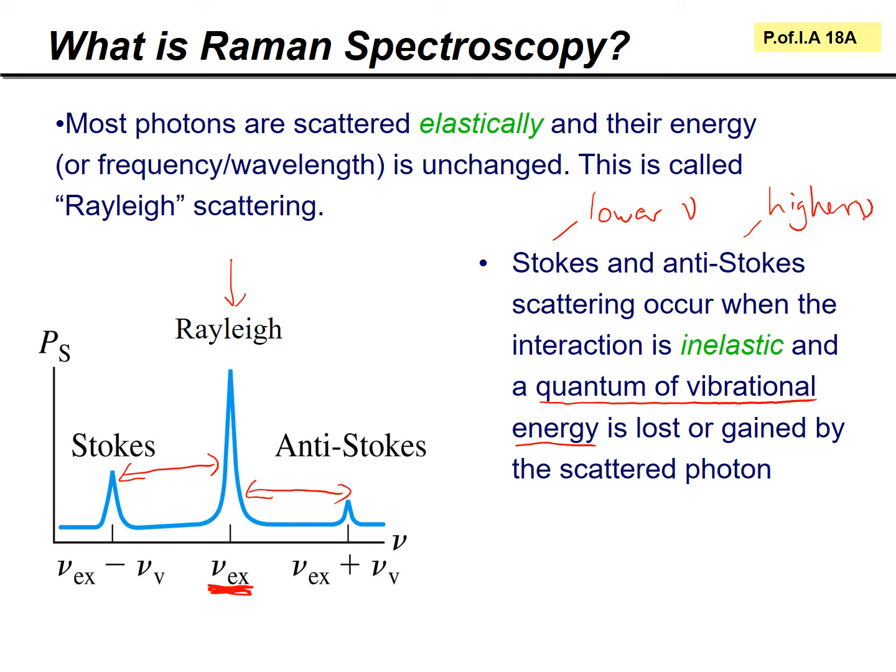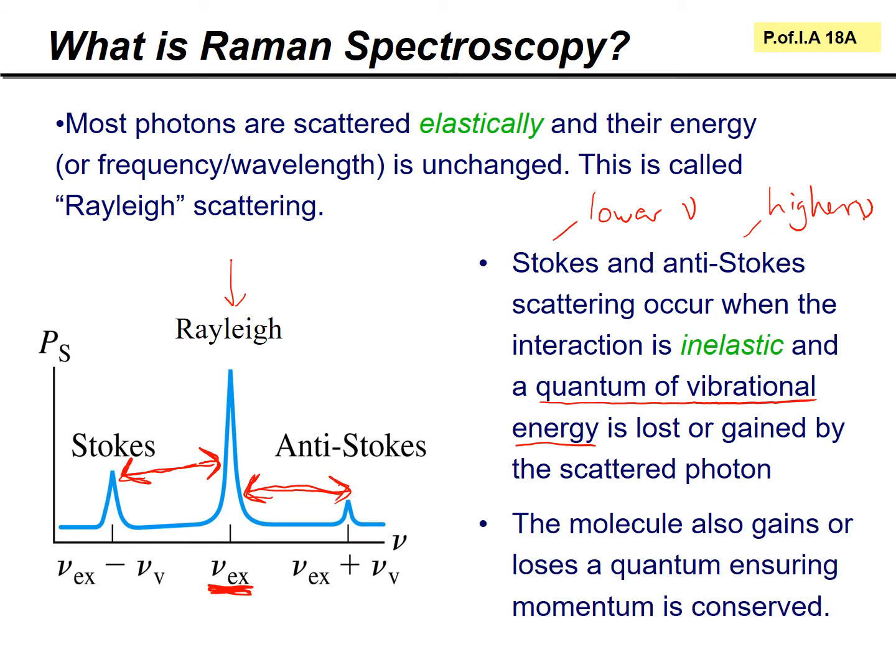So in the case of a Stokes scattered photon, the photon has lost a quantum of vibrational energy. That's this bit here, the energy equivalent to that. For the anti-Stokes photon, it's gained that little bit of energy.